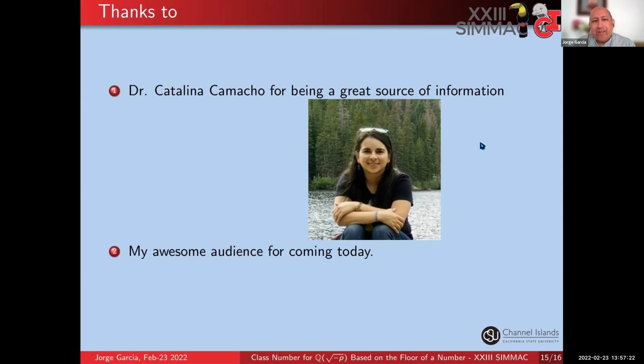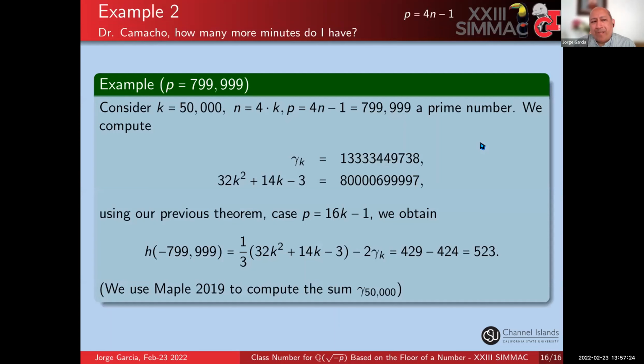It's very quick. I just decided to jump up a bit higher. Say, look at this number. You might say, oh, this number is not prime, but yes, it is a prime number. I already checked it. And I computed this number using the software Maple 2019, and I got this. It took a while because it's a lot of computations, a lot of the floors of many numbers. But after I got it, I computed this and it was 523.